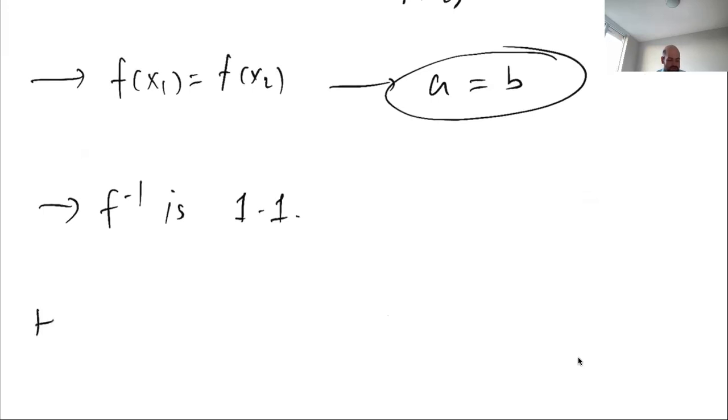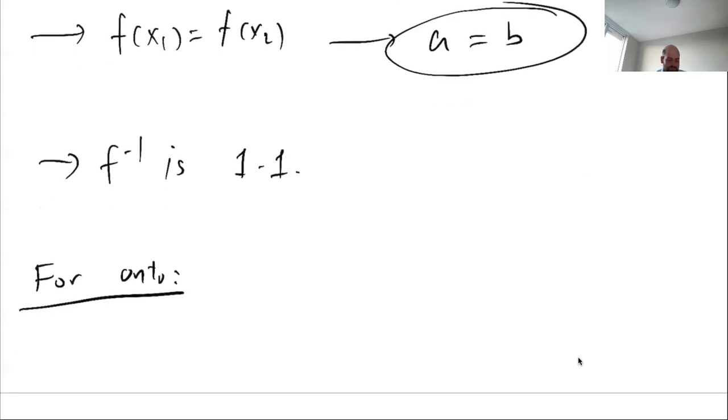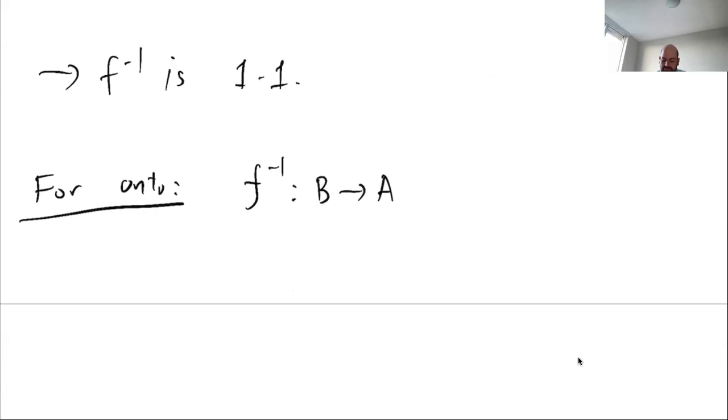For onto, why is F inverse onto? How can I show that the function is onto? F inverse, remember, is from B to A, right? So I have to take an element in A, because to show that a function is onto, we have to take an element in the codomain of the function and show that it has to be in the range.